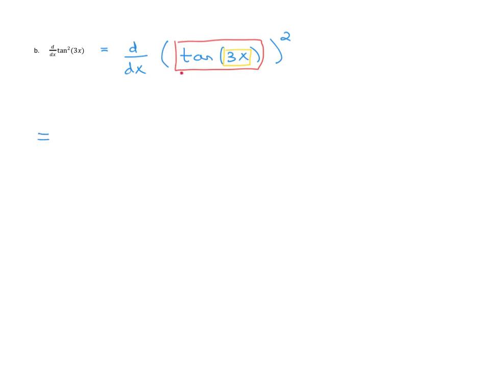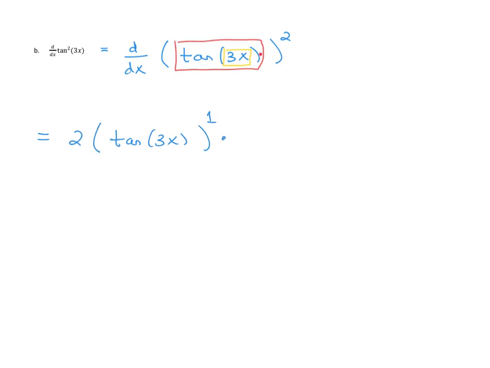All this stuff I'm just ignoring for now. I'm thinking of something to the power of 2. So I bring down that 2, I copy down that variable part, the tangent of 3x, and I subtract 1 from the exponent. Now here's where we start applying the chain rule.